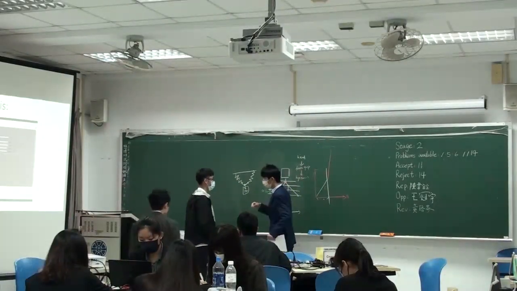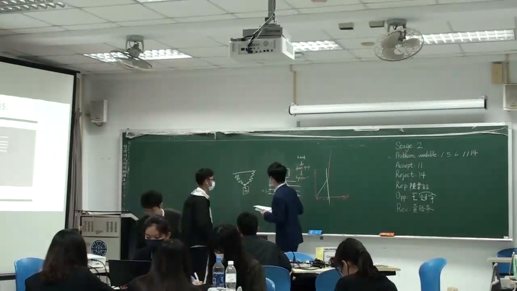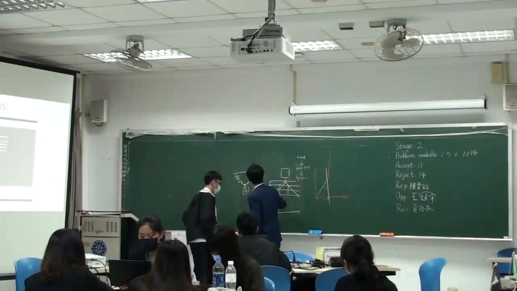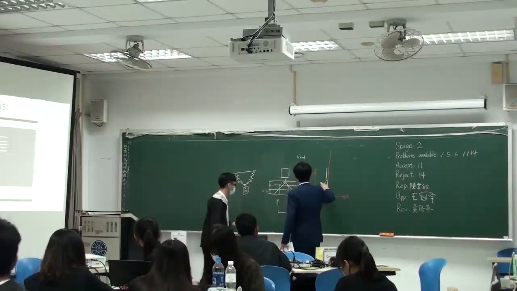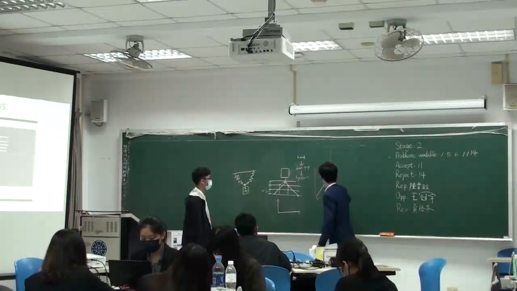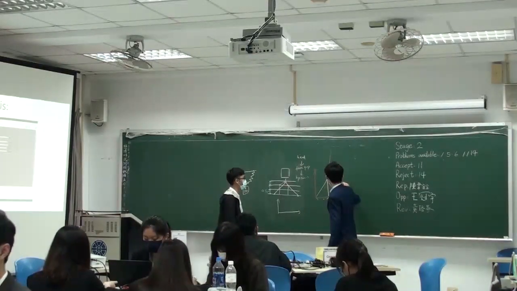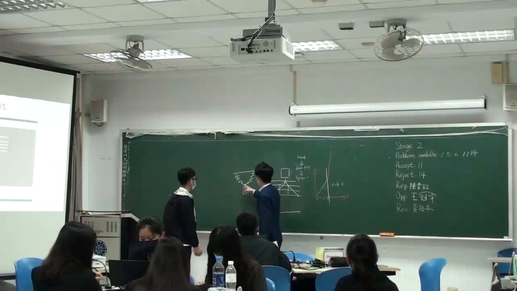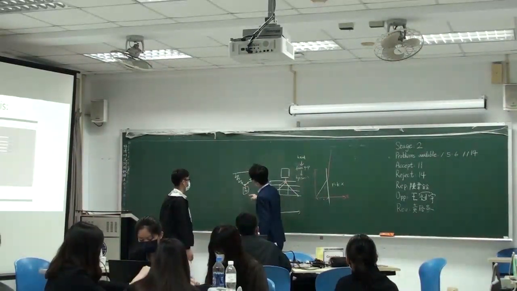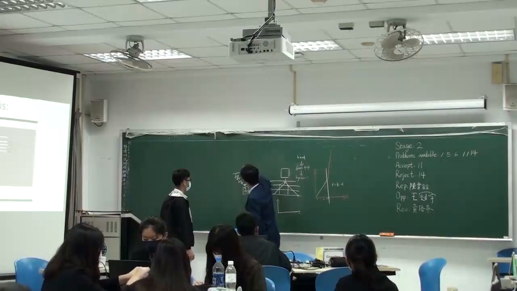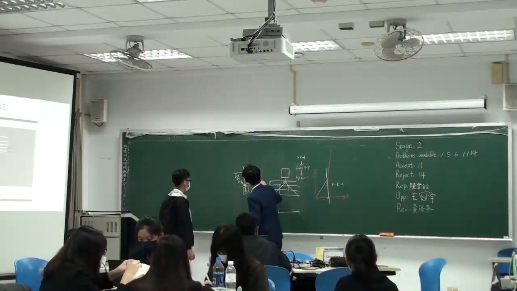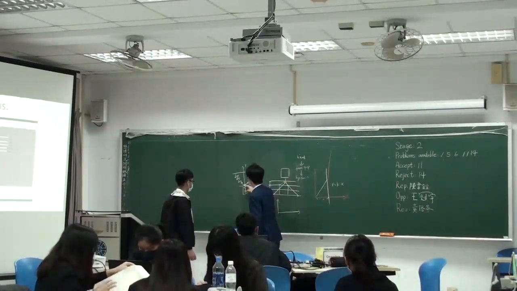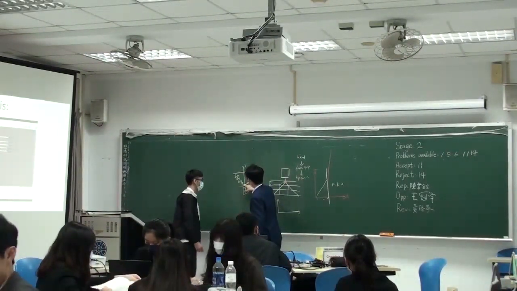Because you didn't display the phenomena. Like this, F equals the spring constant times the displacement, right? In this case, we should define the x and y and find the position of it.